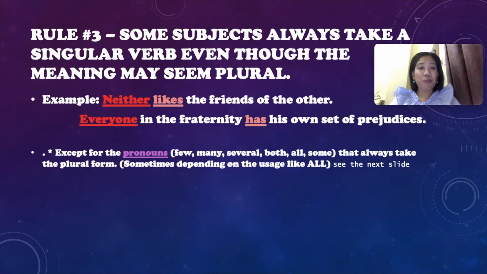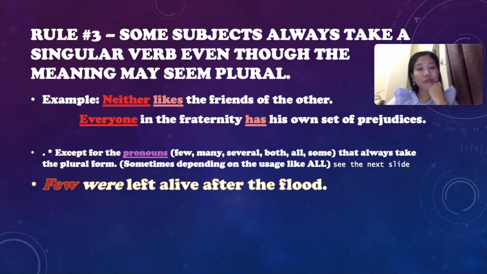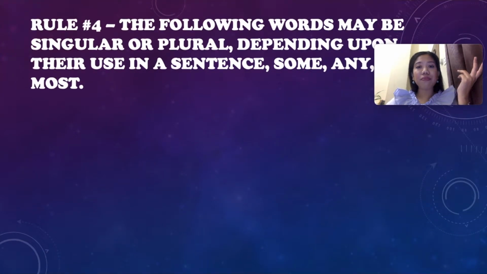Except, again, for the pronouns few, many, several, both, all, some, that always take the plural form, sometimes depending on how they are used in the sentence. Let's check the next. Few were left alive after the flood.